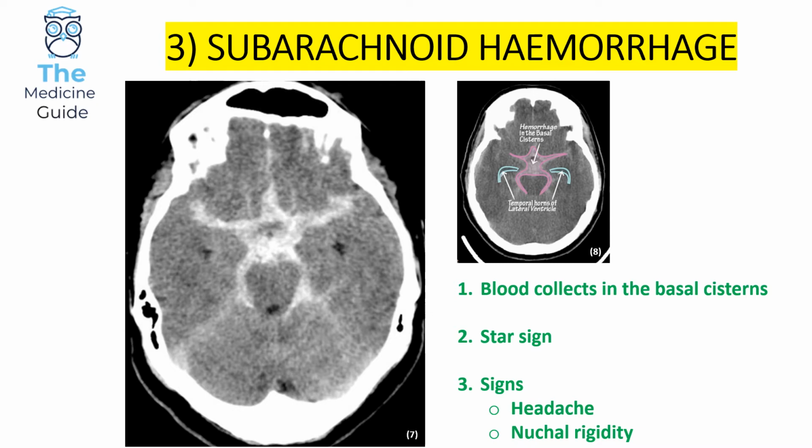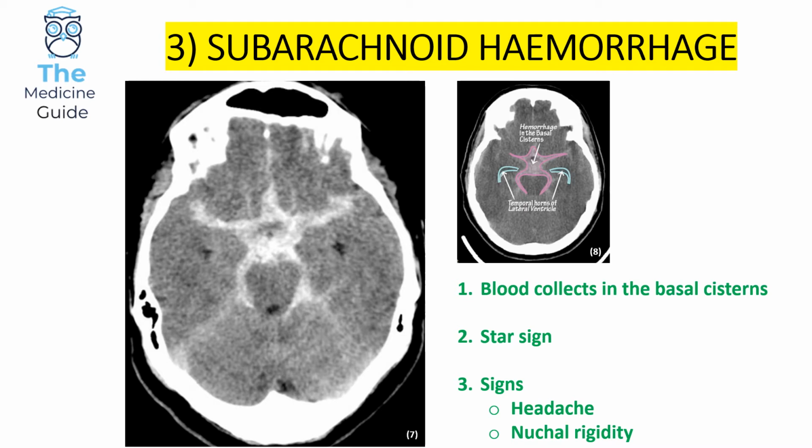On a CT head scan, a subarachnoid hemorrhage presents with a star sign or a starfish sign. If you look at the picture at the top of the screen, you can see a pink outline of this star sign, and that star sign is recognizing the hemorrhage and the blood that's collecting in the basal cisterns.